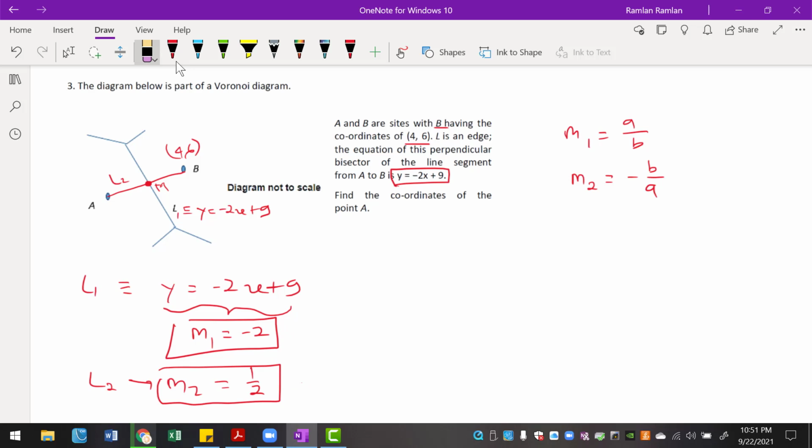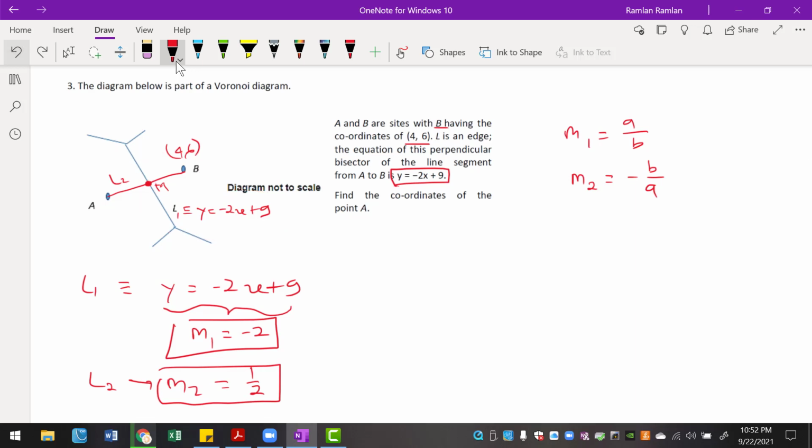So the question is, how can I connect this B to A? We can find the coordinates of M first. How can we do that? We know that line AB, line 2 in here, is perpendicular to this line, and they have an intersection at that midpoint.